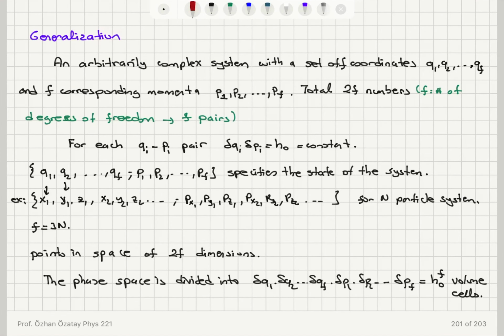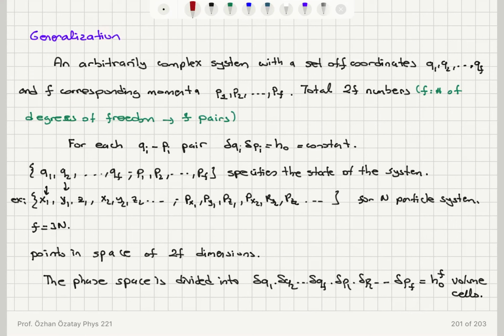If I generalize this to an arbitrarily complex system with total f coordinates and total f corresponding momenta, that means I have two f numbers, where f is the number of degrees of freedom. For example, q1 could be x1, q2 could be y1, q3 could be z1, the x, y, z coordinates of the first particle. q4 could be x2, y2, z2, etc., and the corresponding momenta.